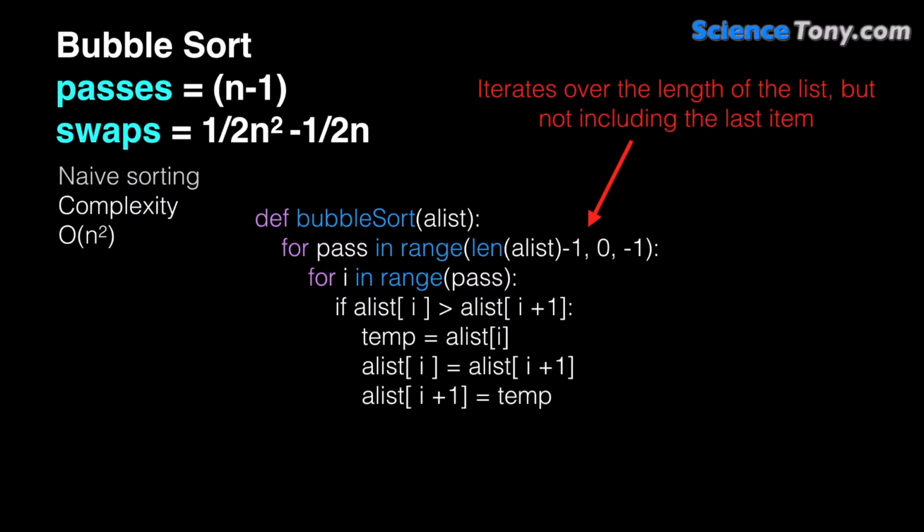Once it does get through to 7, it will go back into the first for loop, and pass will then be 6, and it will do the same thing again.